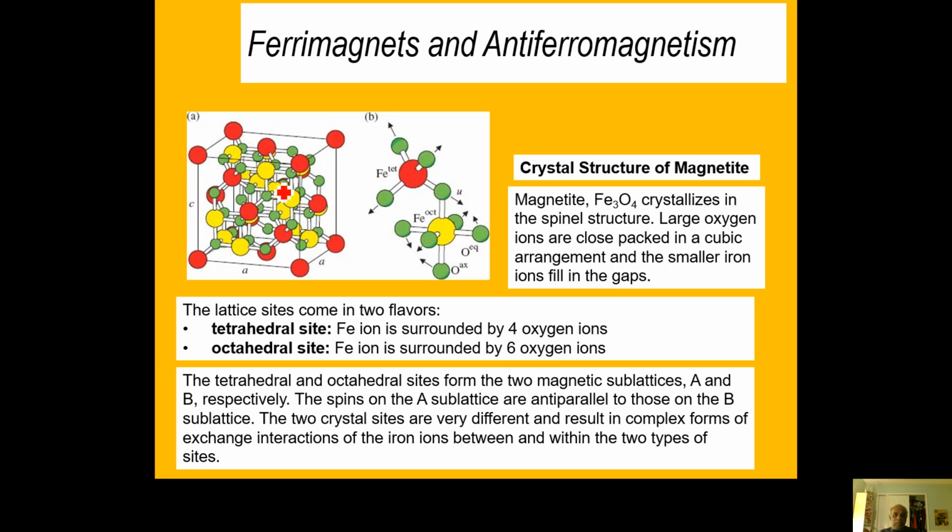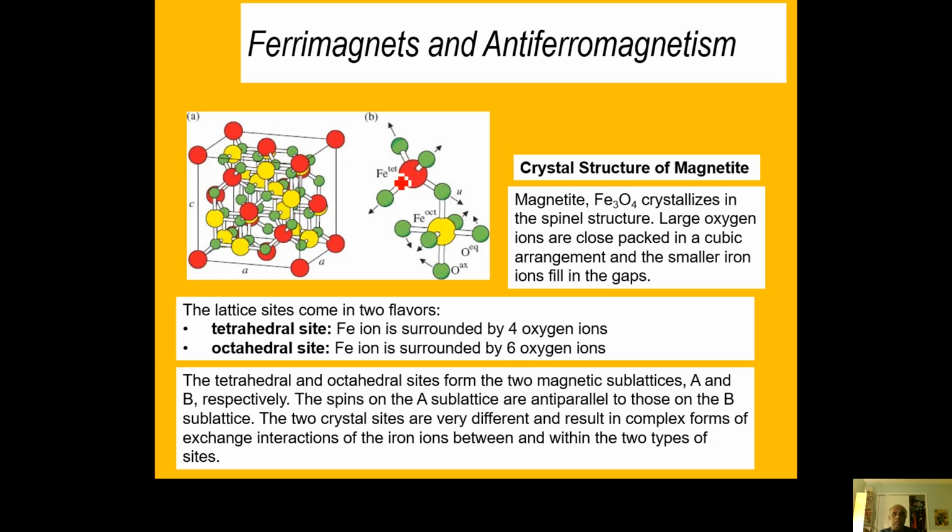If you look at this spinel structure, you have these iron atoms, the red ones, which have oxygen atoms in tetragonal coordination. Each red iron, which we call an A site, has 4 oxygen atoms surrounding that iron.